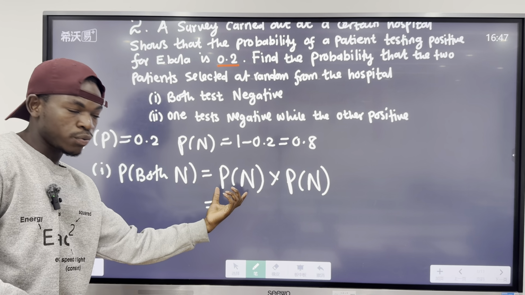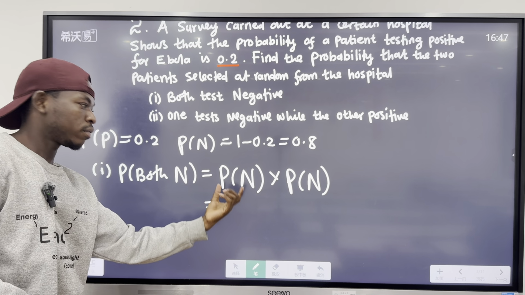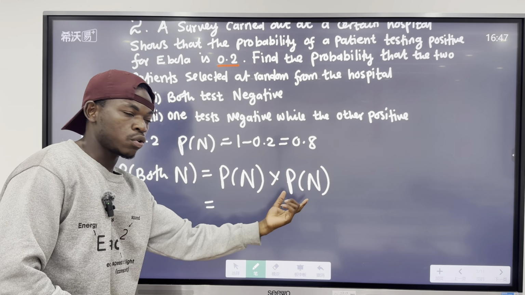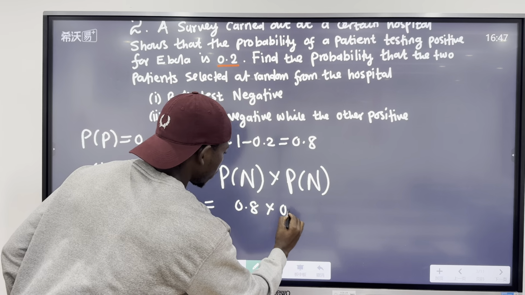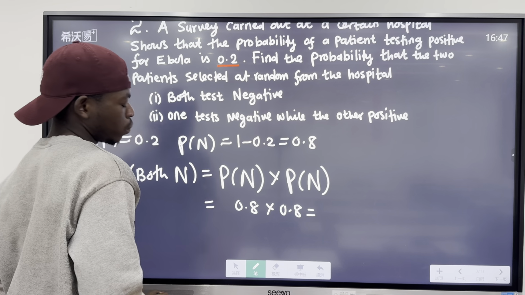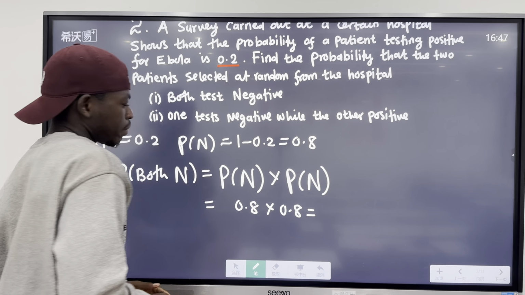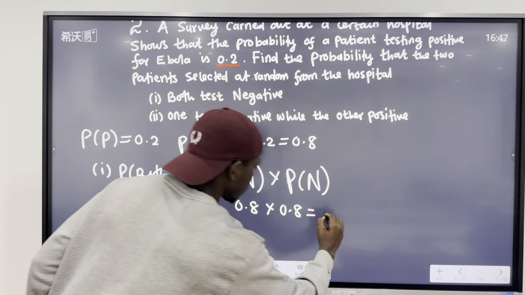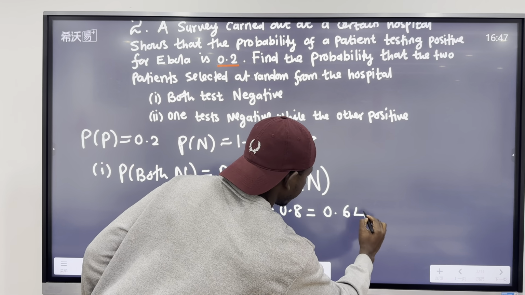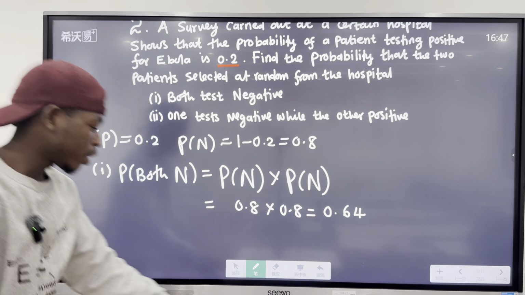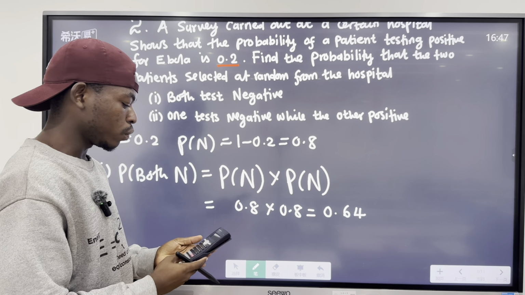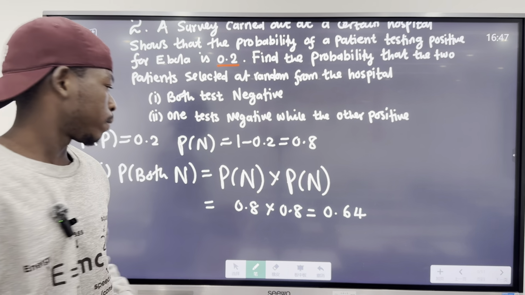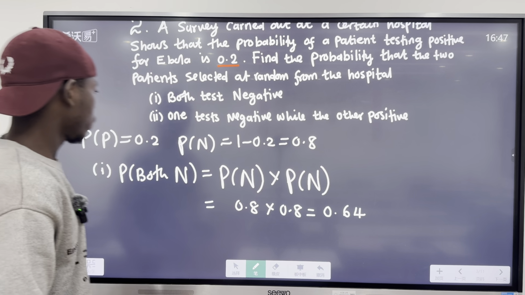So the first patient is 0.8, and the second is 0.8. Then we multiply the two: 0.8 multiplied by 0.8. Because 8 times 8 is 64, this will give us 0.64. If you want, you can use your calculator, because this is mathematics paper 2 and you are allowed to use your calculator. 0.64, so that is the answer.